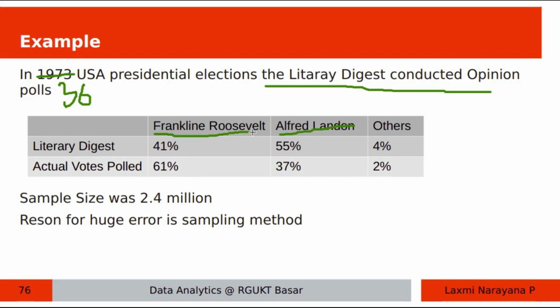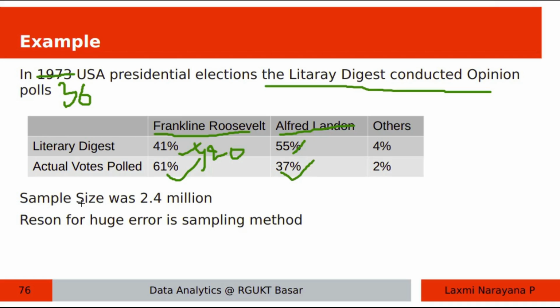Literary Digest predicted that Landon would get 55% votes and 41% for Roosevelt. However, actual votes polled were 61% for Roosevelt and 37% for Alf Landon. This means there was a 20% prediction error.